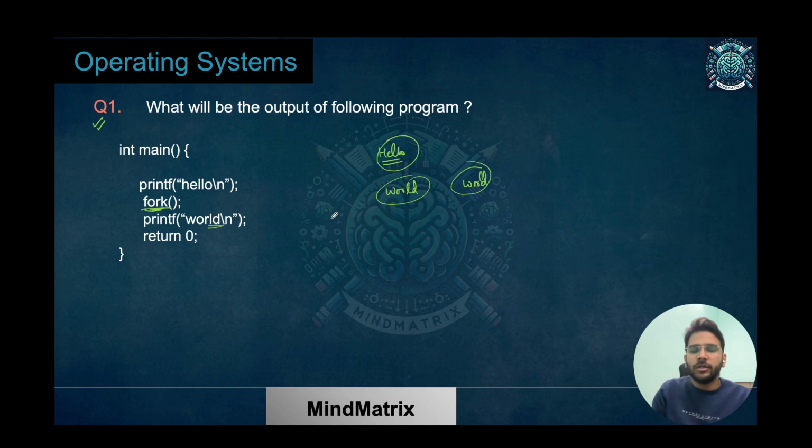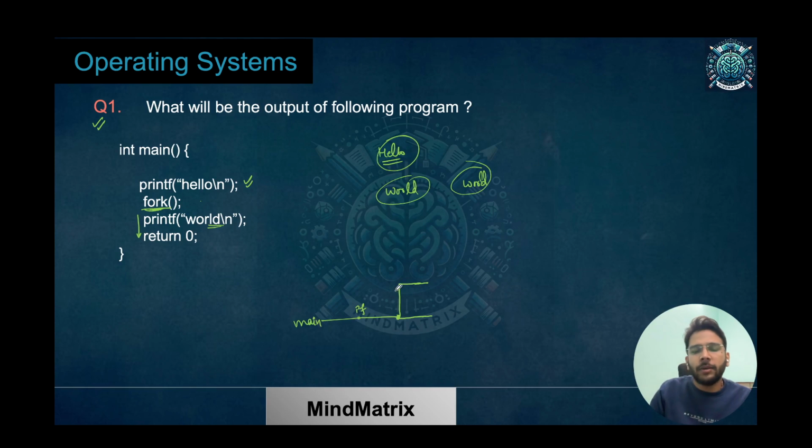We can also solve this question using a process graph. We have this main, and the first printf statement here. After that we have the fork system call. As soon as you call fork, a child process will be created, and now both child and parent will be executing from the statement after the fork.